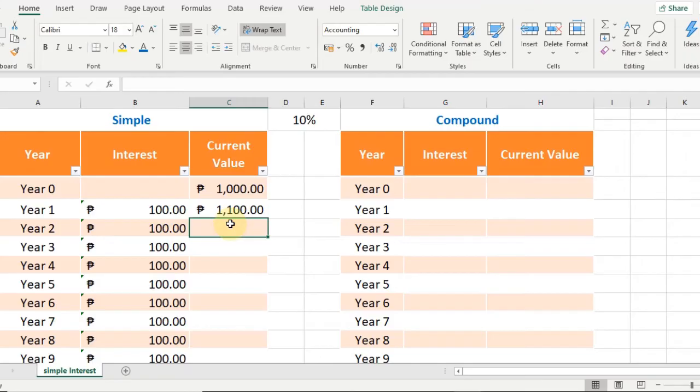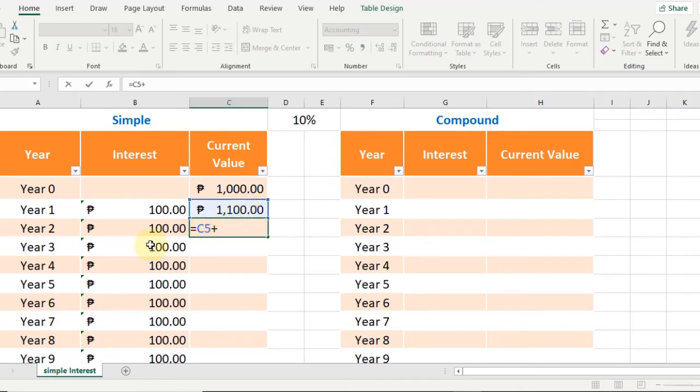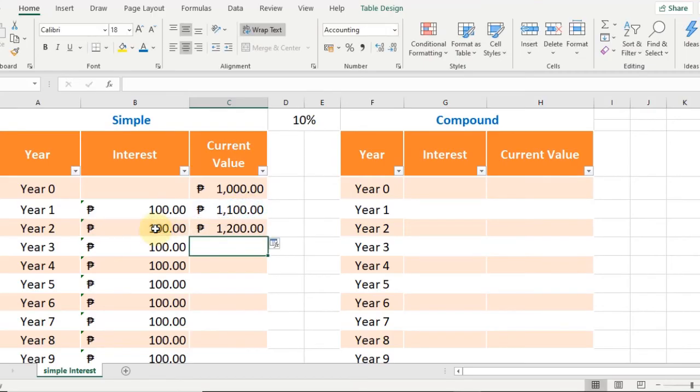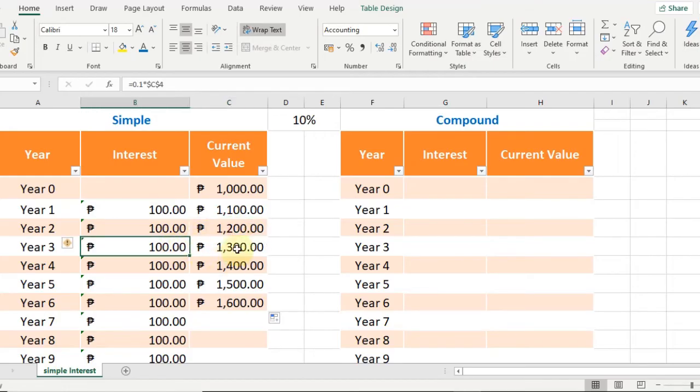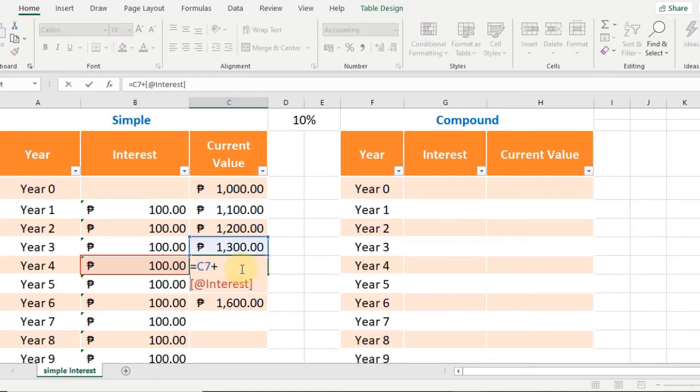So, what is the current value? Again, I will just show one more example. On year 2, my current value is now my balance in year 1 plus interest here, right? So that's 1,200. And then I can just drag, see? So again, what is this saying? 1,300 is 1,200 plus 100. And then 1,400 is 1,300, the previous balance, plus 100 pesos, the interest. Okay?